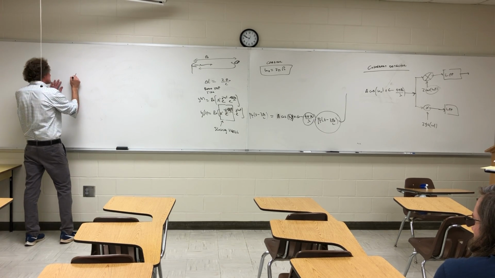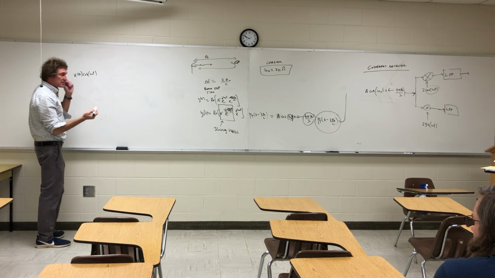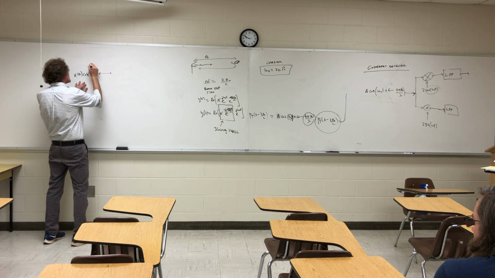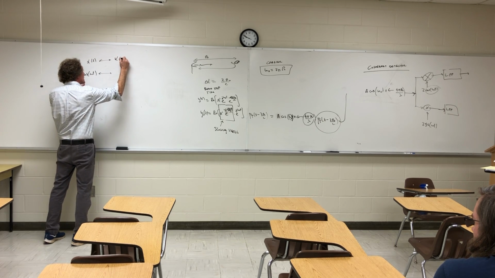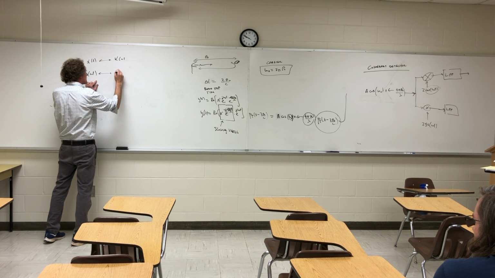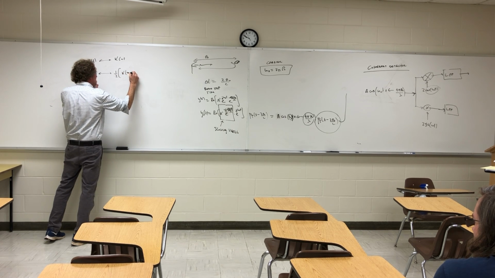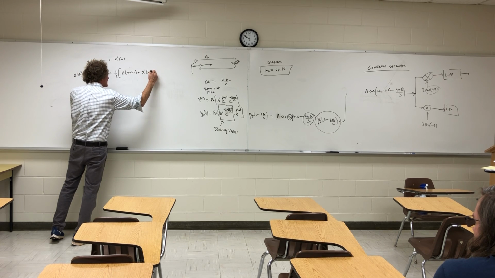Anytime I have x of t times a cosine of omega naught t, in the continuous time domain, the transform of that in a frequency domain, assuming x of t goes to x of omega, is 1/2 times x of omega plus omega naught plus x of omega minus omega naught.